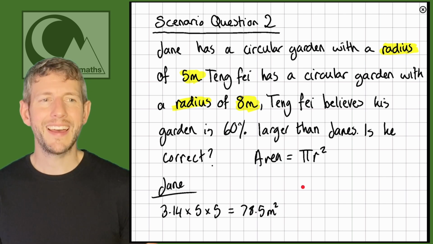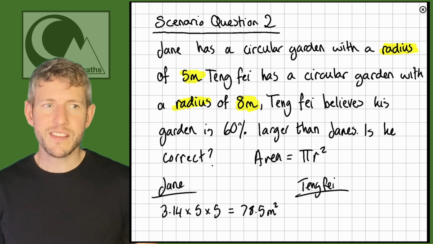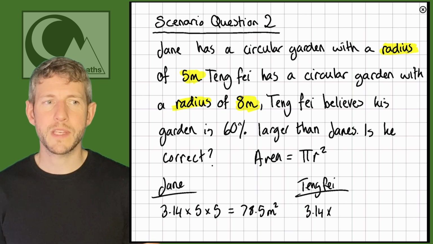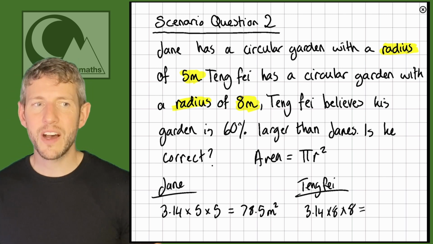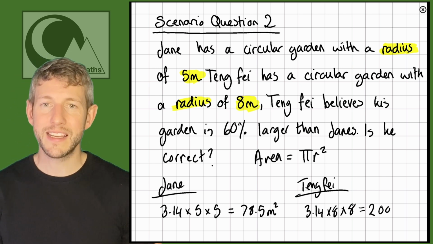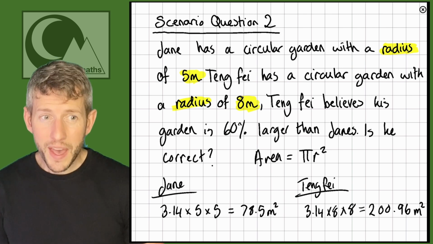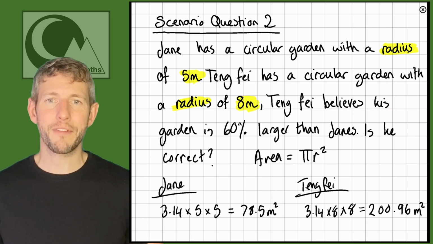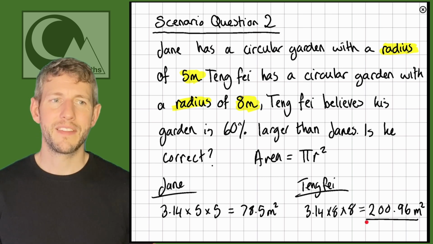Now Teng Fei, his garden is 8 meters in radius. So we're going to do 3.14 times 8 times 8. I'll just do that on the calculator. And that tells me that his garden is 200.96 meters squared.